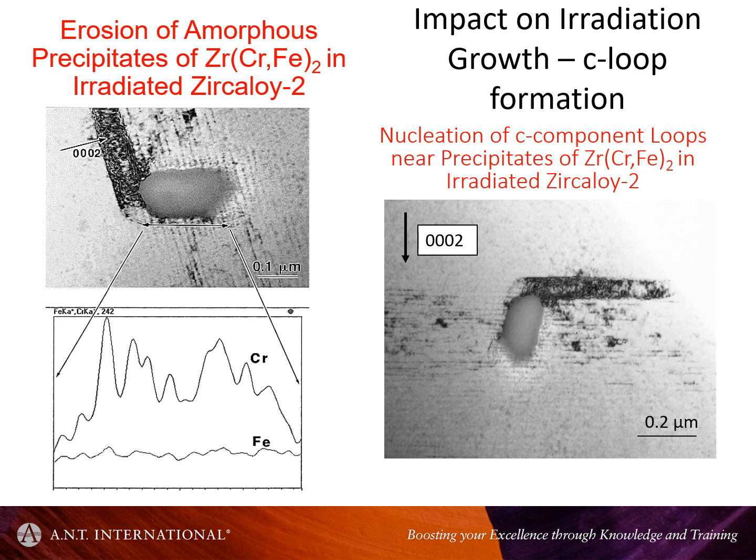If you're preparing them in a FIB, for instance, or with an ion mill, any type of ion mill, it's possible that you could be creating the amorphous phase, and it's not really from irradiation. So having a control experiment is always important. If you're doing an irradiation experiment, have that control, prepare everything the same, and compare the control with the irradiated sample.